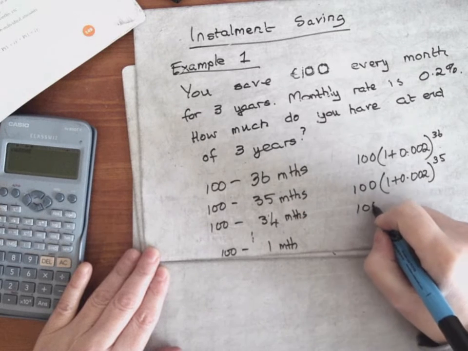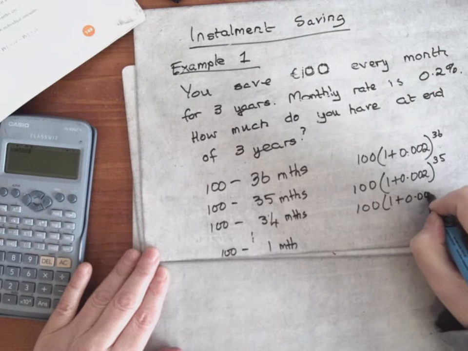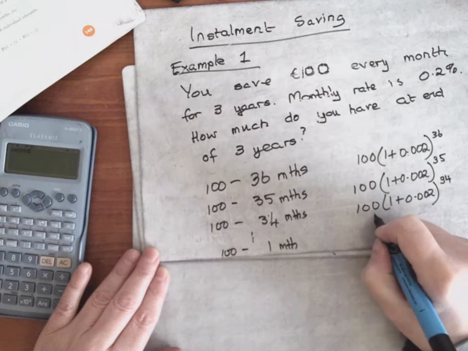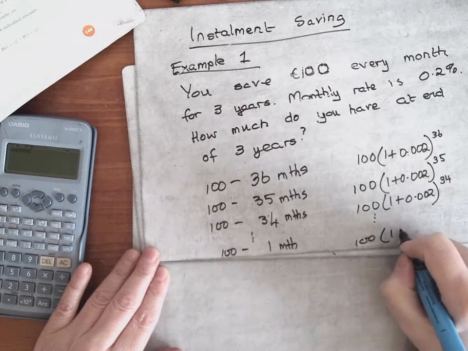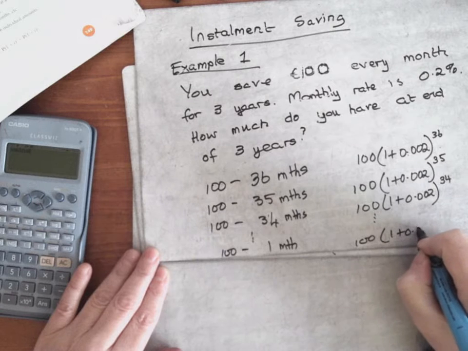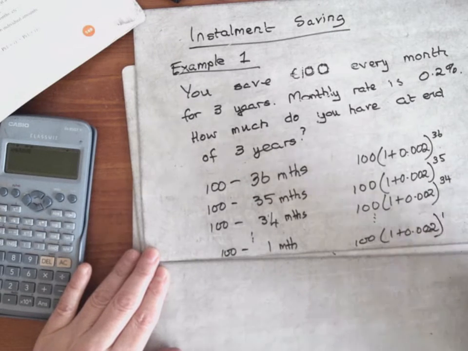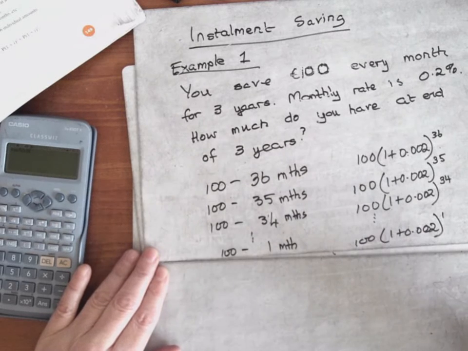Next one, €100 times (1 plus 0.002), that would be in there for 34 months. And the last one, you'd only get €100 times (1 plus 0.002) all to the power of 1, because you'd only get paid on 1 month for the last €100. Agreed?